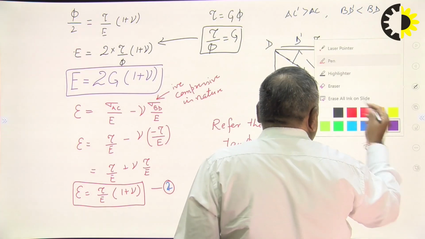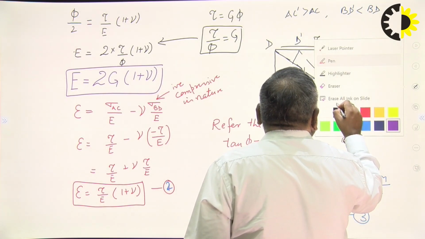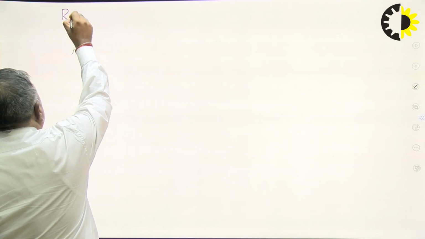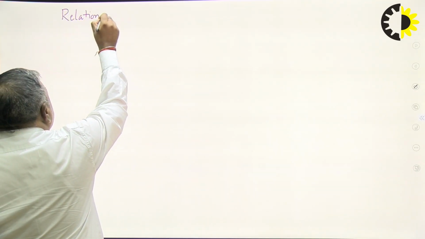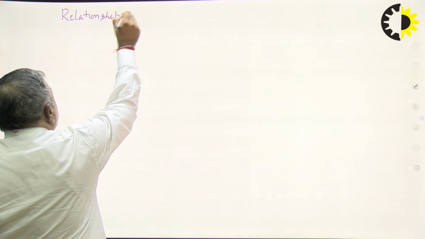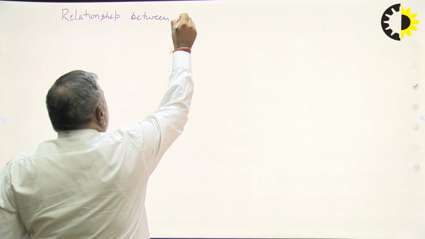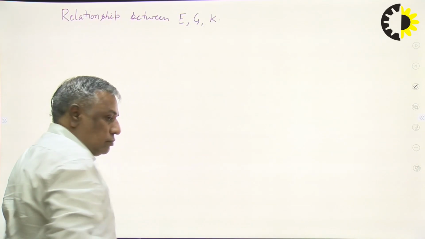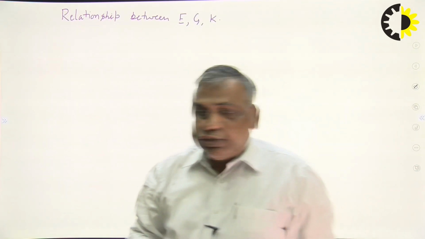Now we will try to establish the relationship between E, G and K. What is the relationship?